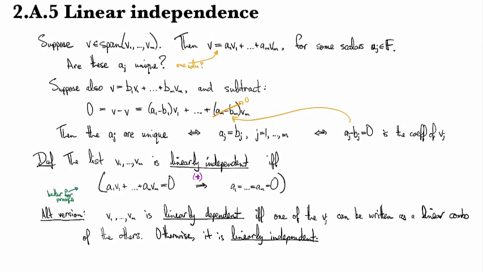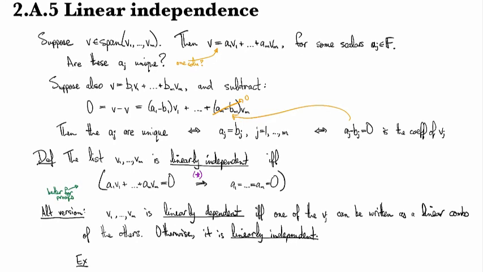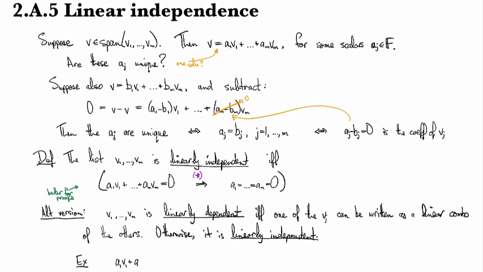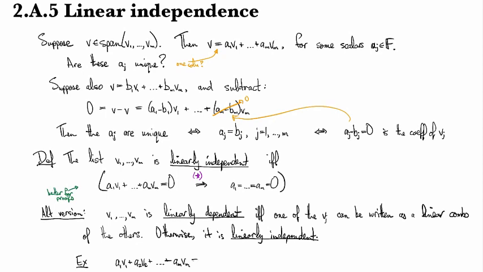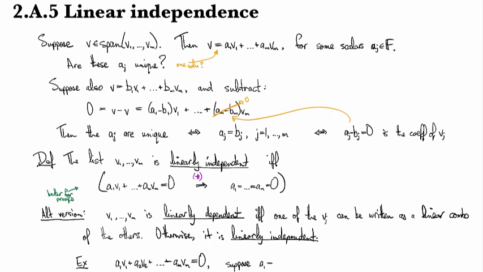Okay, so just to see how this negative definition works, suppose, for example, that I've got a1 v1 plus a2 v2 plus and so on, equal to 0, and one of those aj is not equal to 0. So suppose we'll just take a1 to be non-zero, for example.